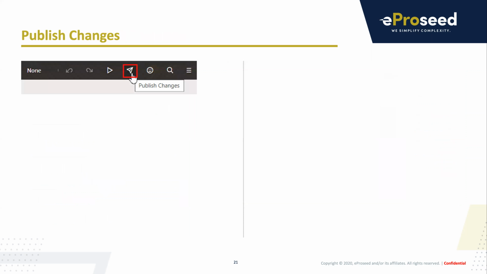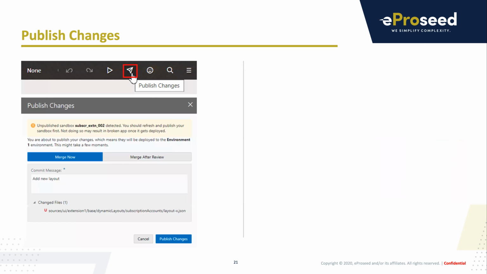So publish changes is in Visual Builder, and when you do that, the tool shows you a dialog where you can add a commit message to your changes, and after you commit it, they will be published.